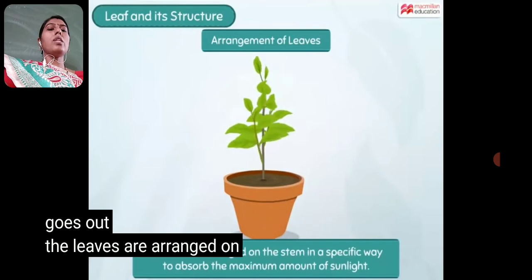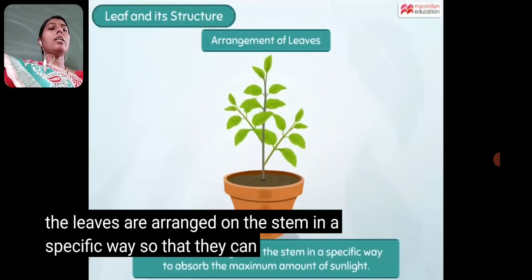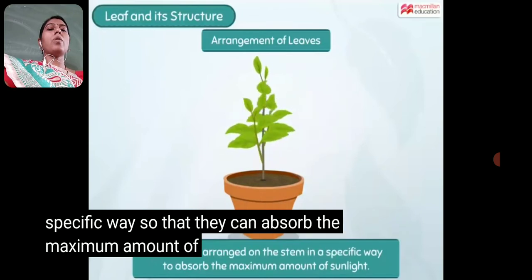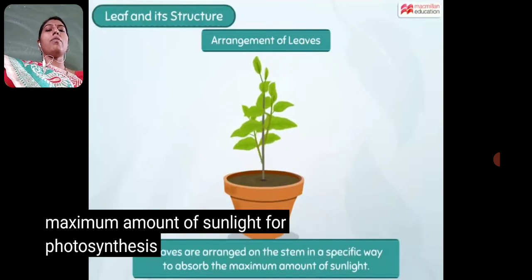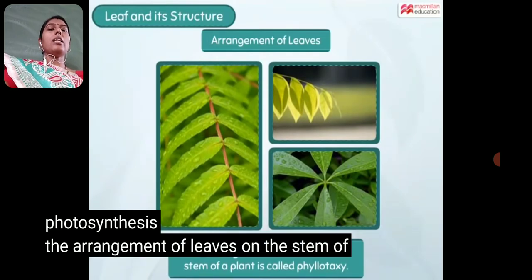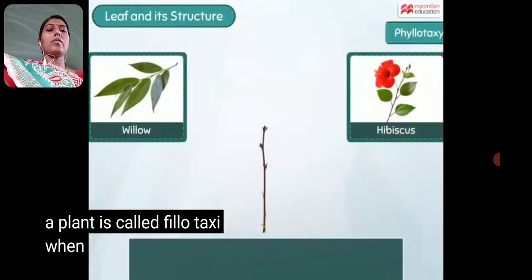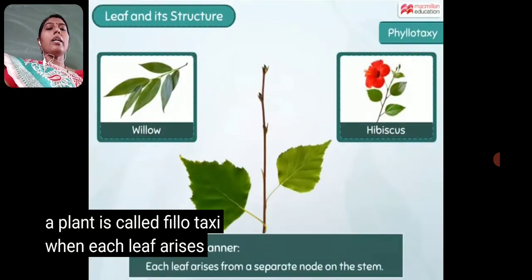The leaves are arranged on the stem in a specific way, children, so that they can absorb the maximum amount of sunlight for photosynthesis.